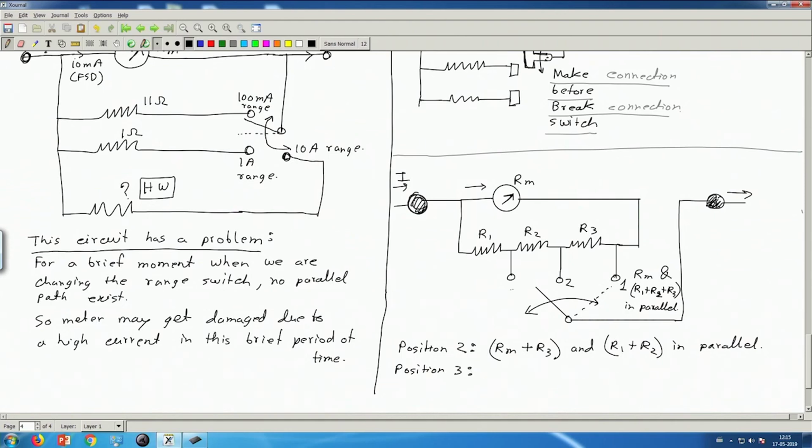For position 3, if I connect this switch here, then I have Rm, R3 and R2 in one path and R1 in the other path. So I have Rm plus R3 plus R2, which is one path, and R1 alone. These are the two paths.